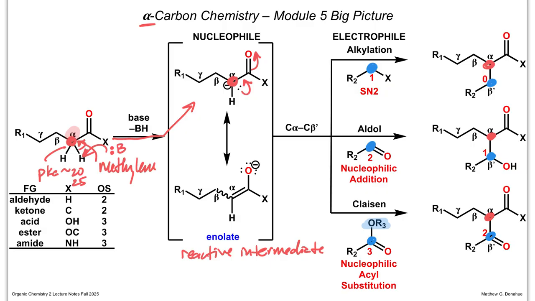So the take-home message for this is the alpha carbon is what generates an enolate. The oxidation state of the beta prime carbon in the product tells us how that carbon-carbon bond was made, meaning what was the electrophile used.